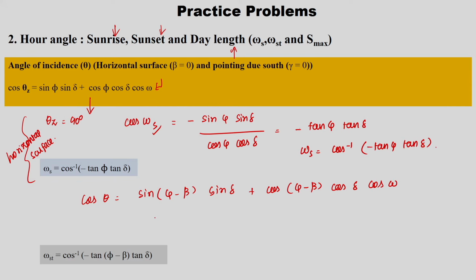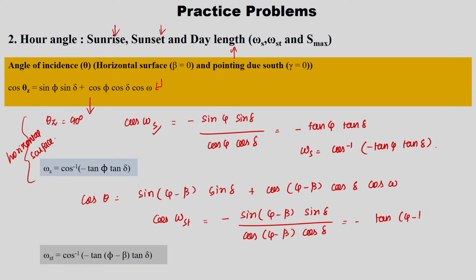So, if we want to calculate omega st, that is for the tilted surface, this becomes minus of sine of phi minus beta sine delta upon cos of phi minus beta into cos delta. So, that becomes minus of tan of phi minus beta into tan delta. So, omega st is nothing but cos inverse of minus tan of phi minus beta tan delta.